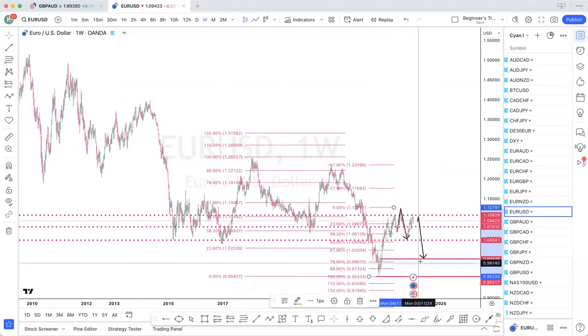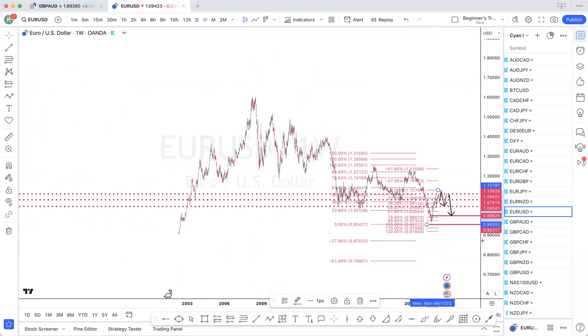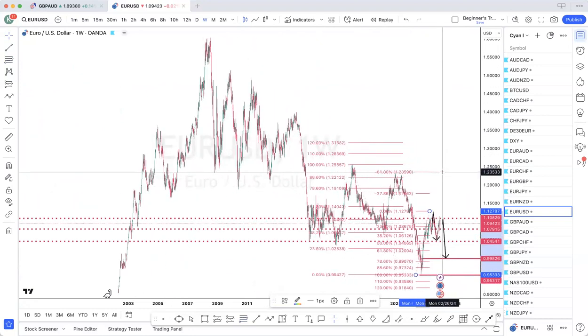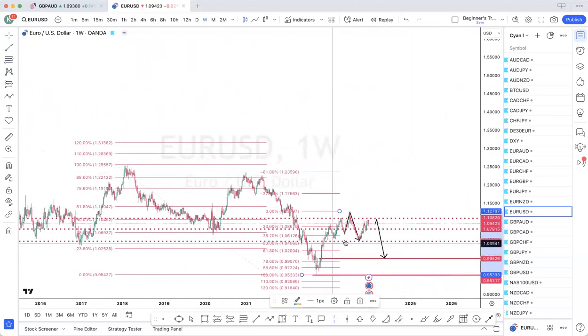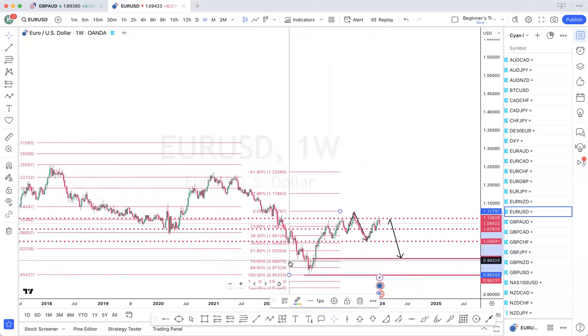If price is not looking to sell anymore, I'm guessing it's probably going to keep selling to these lows. But if not, if price is breaking all these highs to pull back to the, okay, so this is the 78. When I mark up the big from here to here, it's the 78.